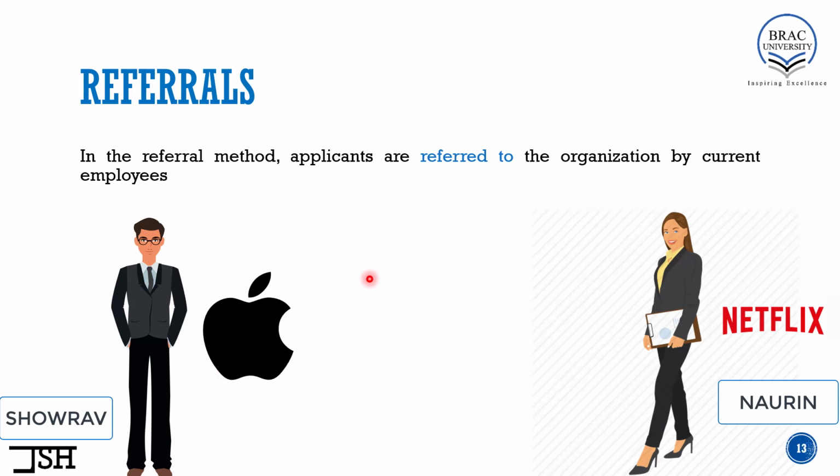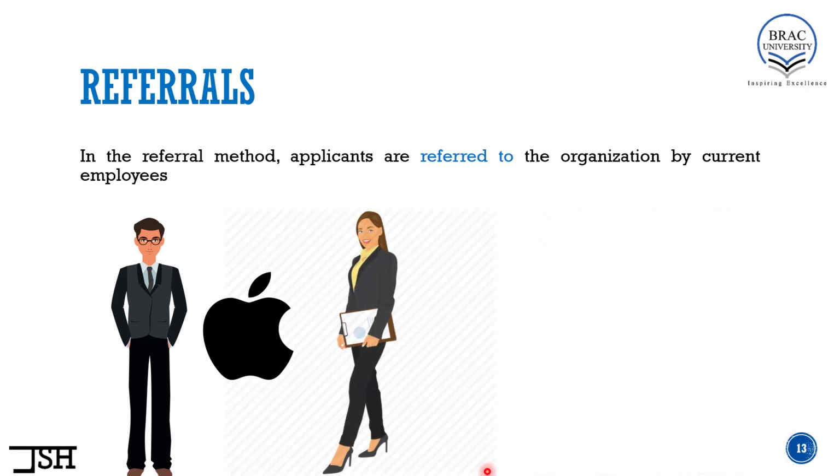So Saurabh refers Noreen. Now the boss says yes, and then she goes through all the selection process. So the interviews, tests, and everything. Now once she gets the job offer, she leaves Netflix and joins Apple. So both Saurabh and Noreen now work for Apple.